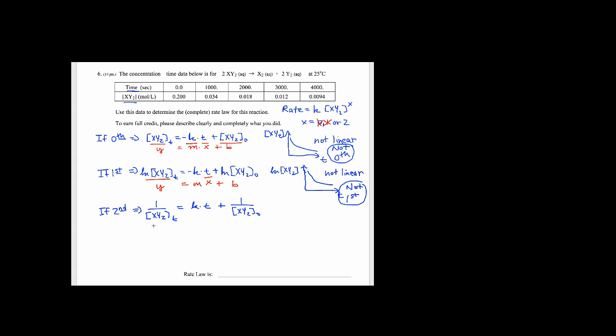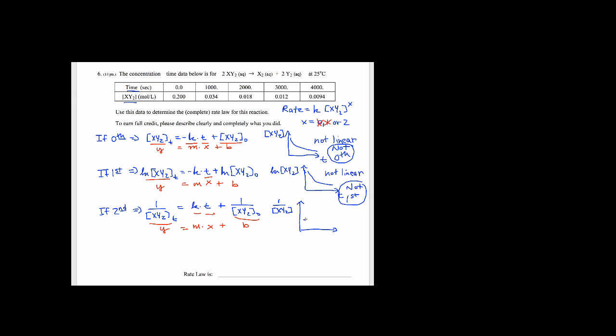Once again, this is a y equals mx plus b relationship if we graph x as our t and y as our 1 over concentration of XY2. So this time we are going to graph 1 over concentration of XY2 versus t and see what happens.